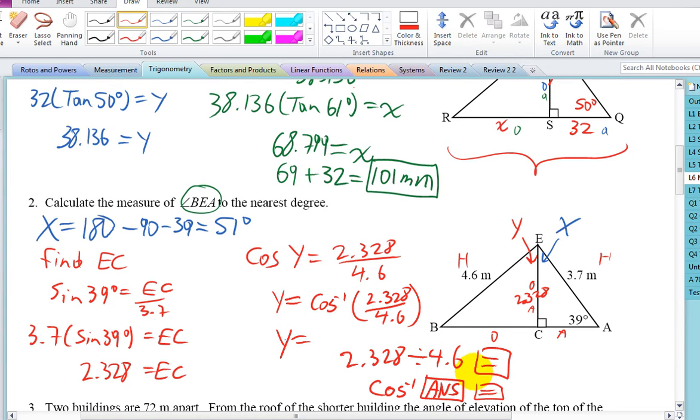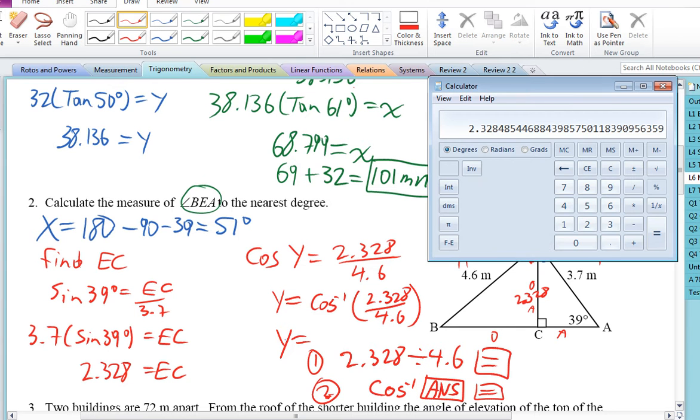So step 1 would be to divide to get the ratio. Step 2 would be find the inverse cos of the ratio, which is your answer. If you have an old school calculator, it's even easier. You just go divide by 4.6 equals and then inverse cos.